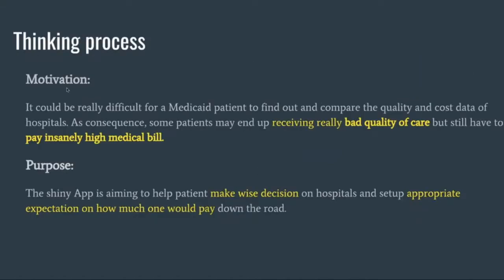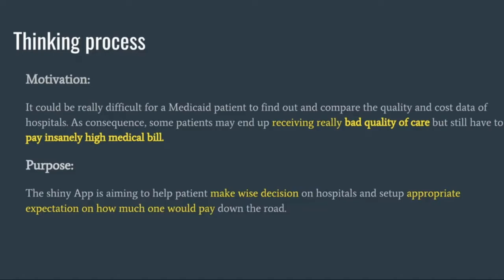The motivation for developing this prototype is that it might be really difficult for Medicaid patients to find and compare the quality and cost data of hospitals. As a consequence, some patients may end up getting really bad quality of care but still have to pay insanely high medical bills.